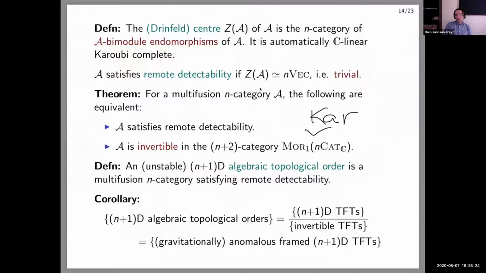And the invertibility is the anomaly: when Freed says that something has an anomaly, he means that you're not just relative to something, but an invertible thing.